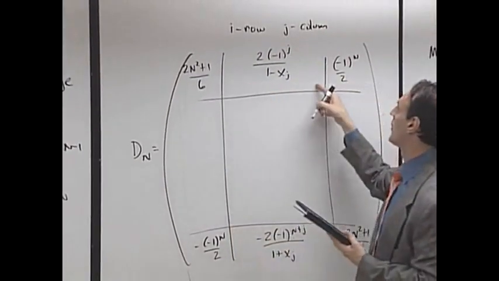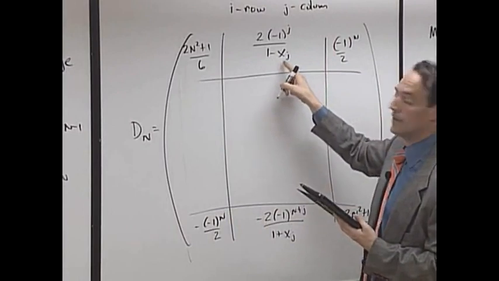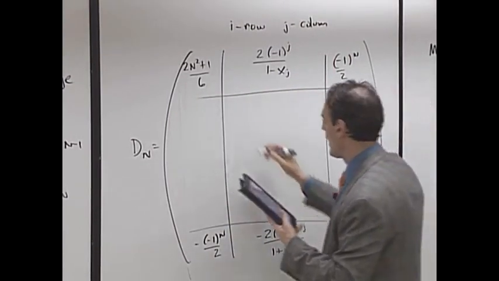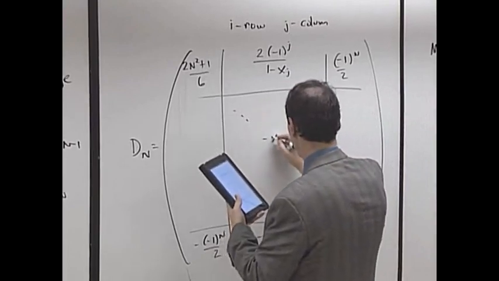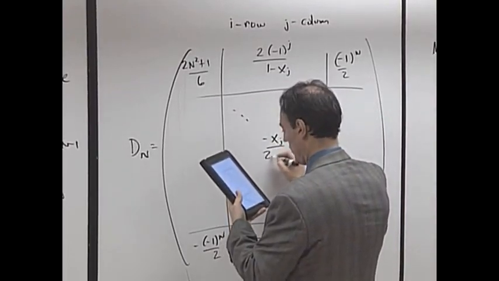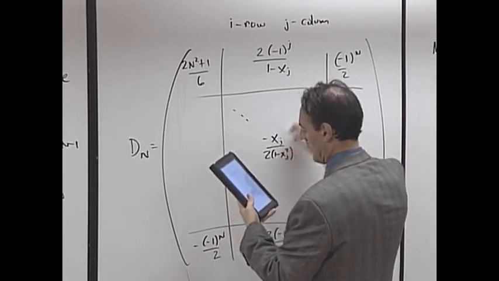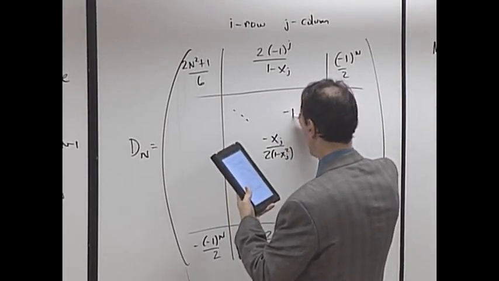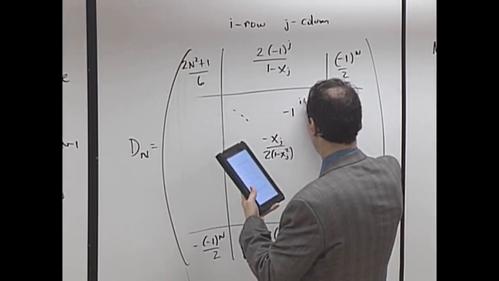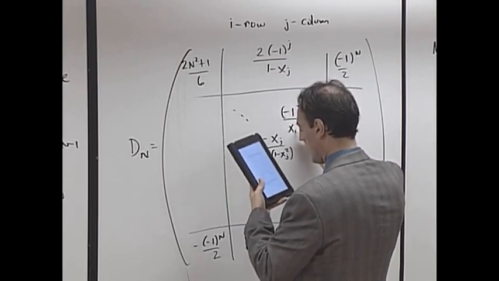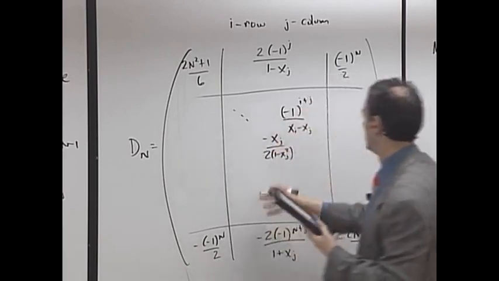So as you go across the columns, this will change. Then down the diagonal, you have negative x_j over 2 times 1 minus x_j squared. And in the other areas, you have minus 1 to the i plus j over x_i minus x_j.